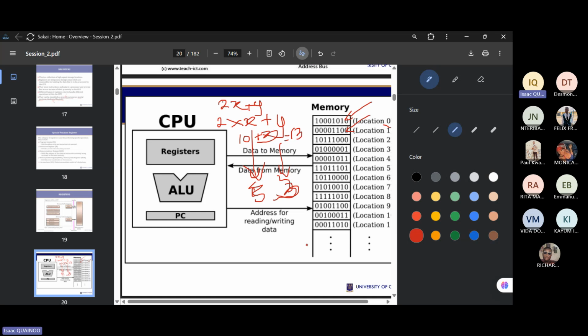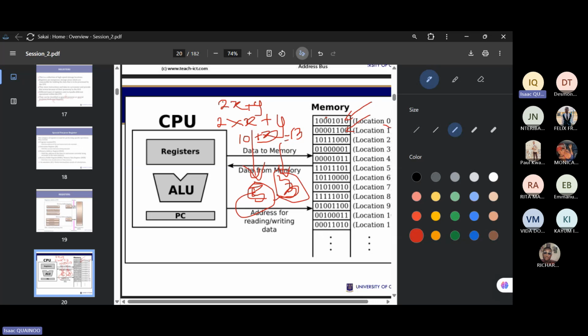Okay, so this is a simple instruction that the computer can process. And the parameters the computer will need in order to process that particular instruction are what is known as the data. So let us know the difference between the two.